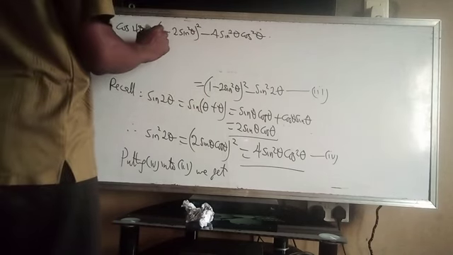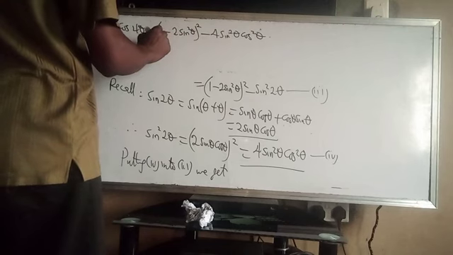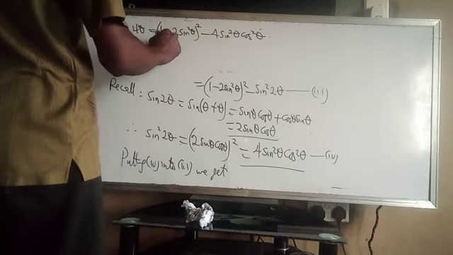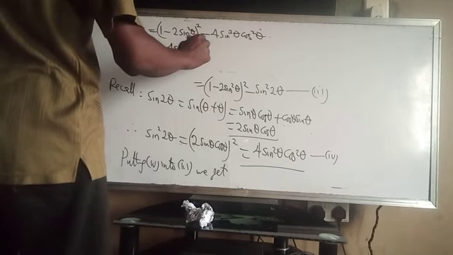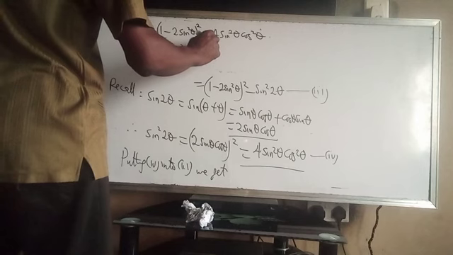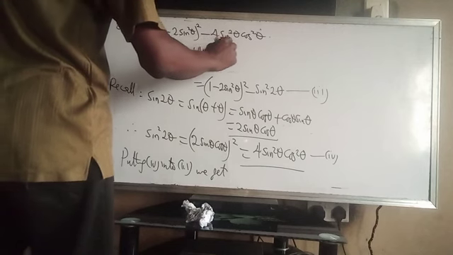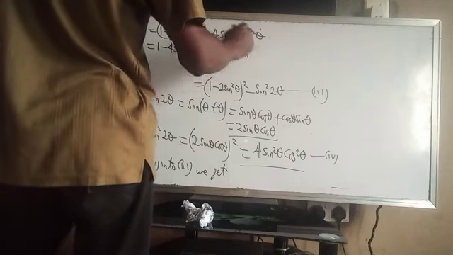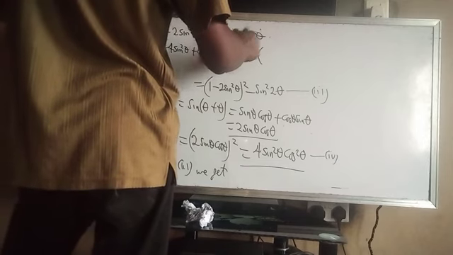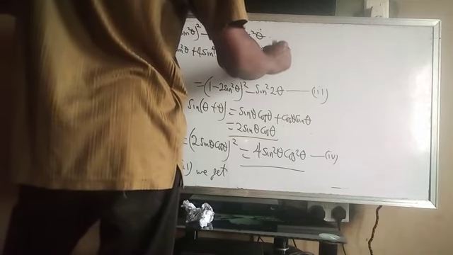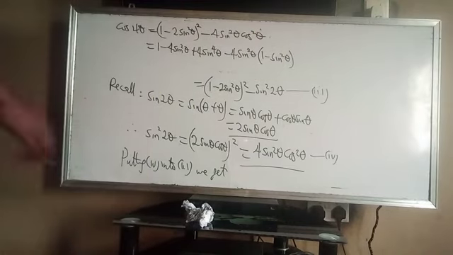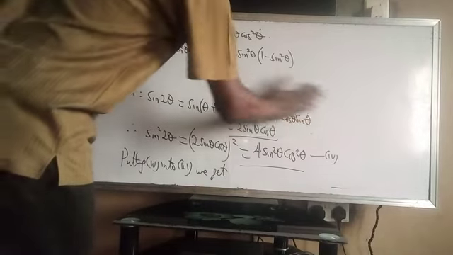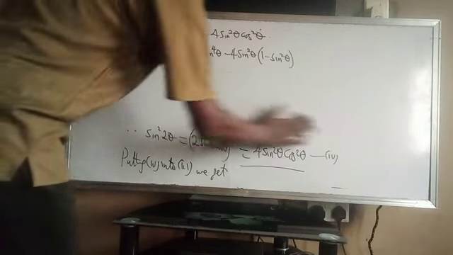By the time we expand this, we are going to have 1 minus 4 sine square theta plus 4 sine raised to power 4 theta, then minus 4 sine square theta times 1 minus sine square theta, because we don't want to see anything cos in the expression.